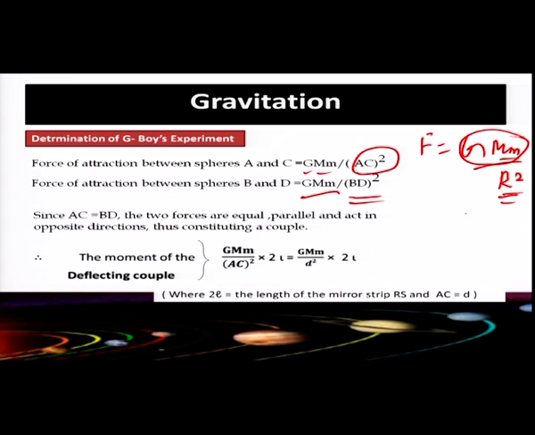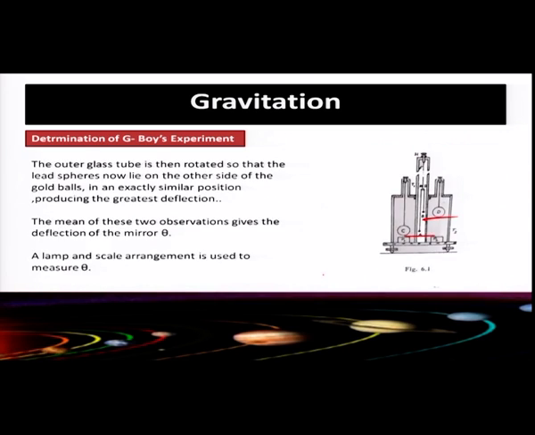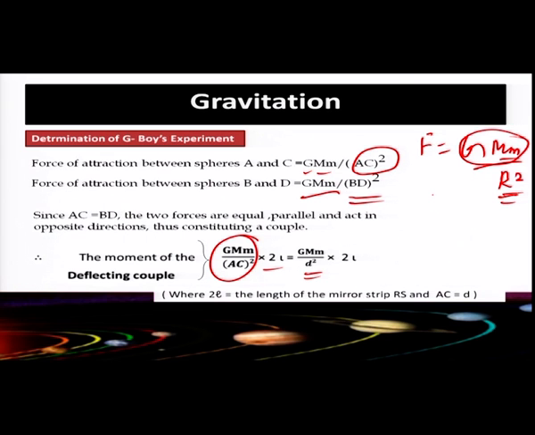The moment of the deflecting couple is G m m by AC squared into 2L, which, replacing AC with D, is G m m by D squared into 2L, where 2L is the length of the mirror strip RS and AC is equal to D.